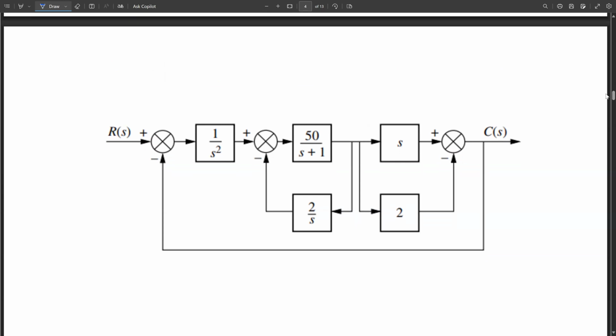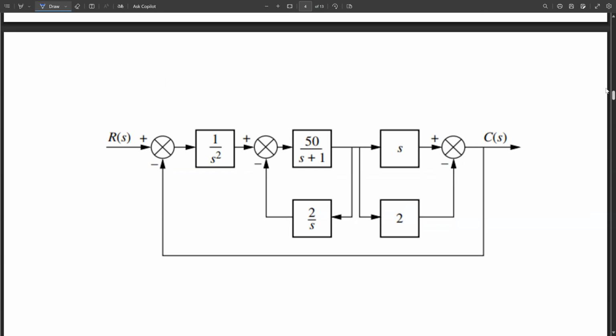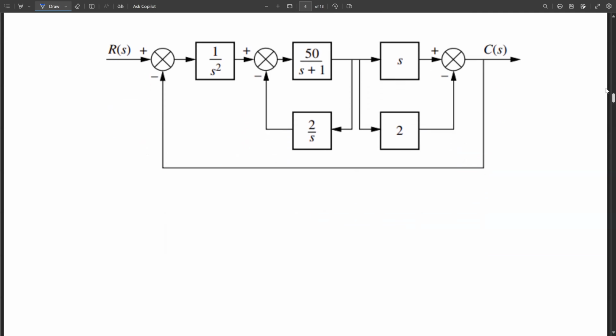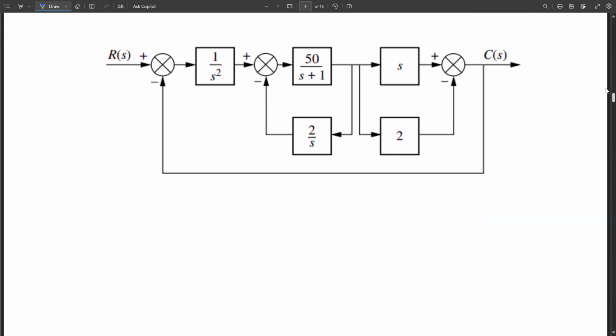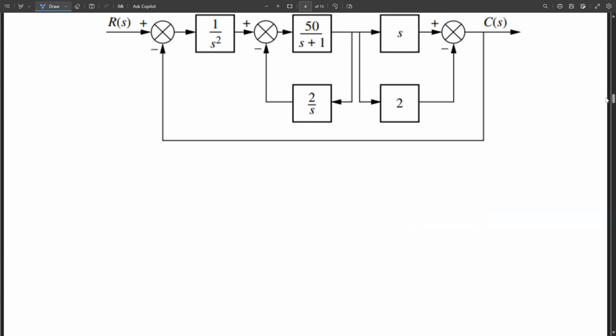So this one, let me see if yes, I have it here. So the signal flow graph equivalent is going to be, you can fast forward it because I'm about to draw it from scratch again.